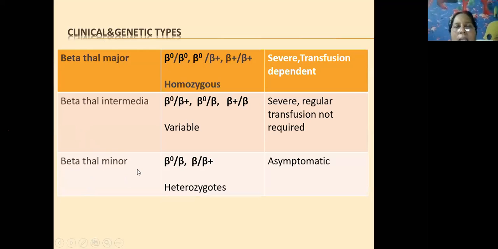So we have 3 types of thalassemia. Thalassemia minor or heterozygous, we said they are asymptomatic, but they are the culprits who will pass it on to their offspring. If their spouse is also a carrier, there is a chance of getting a thalassemia baby. And beta thal intermediate, we already saw all this.